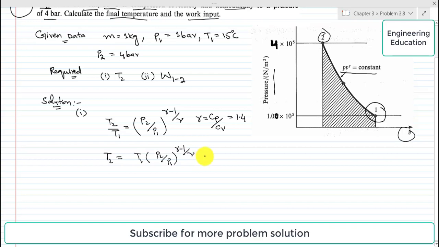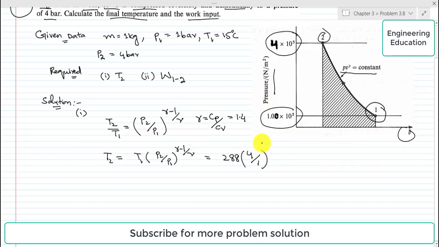So putting the values, T1 is 15 degrees centigrade, so converting into Kelvin it will become 288 Kelvin. P2 is 4 bar and P1 is 1 bar. These are the pressures P1 and P2 converted to Pascal. 1 Pascal is equal to Newton per square meter.